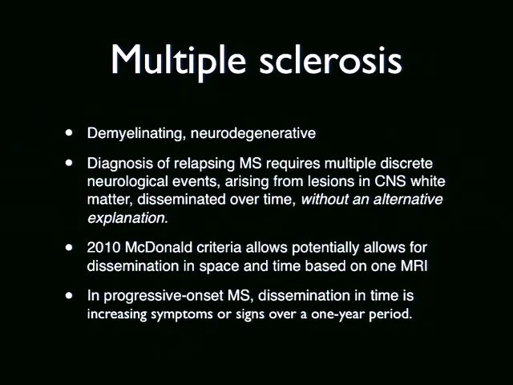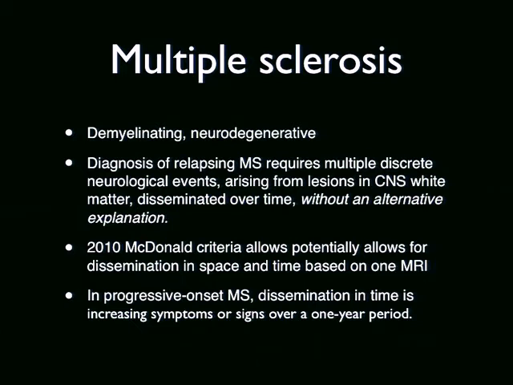So MS is classically thought of as a demyelinating disease, which is neurodegenerative. And for the diagnosis of MS, we think of it as a relapsing neurologic disease. So patients will have distinct new neurologic signs and symptoms, and then periods of relapse.